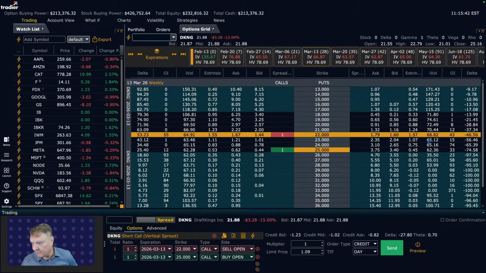Volatility 64 at the money, and it's 68 there. You go a couple of points out of the money, you're at 74 on the implied volatility. You go a couple of points this direction, you're at 62. This is what I'm talking about. This is a ginormous implied volatility skew to the put side, looking at the March 28th expiration.